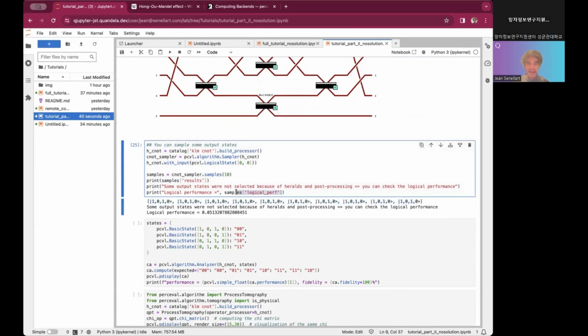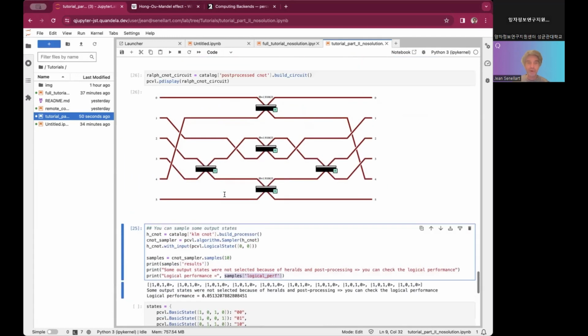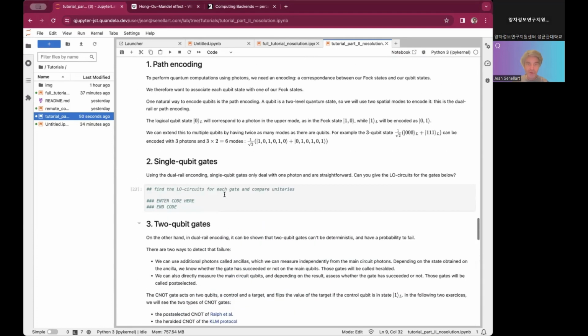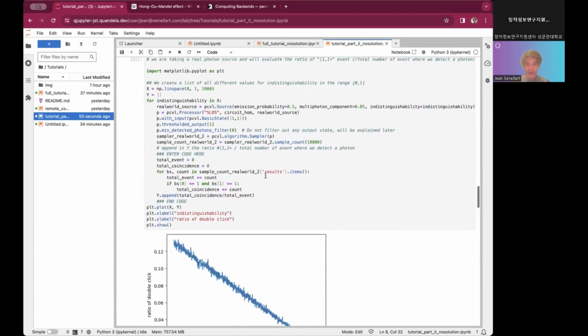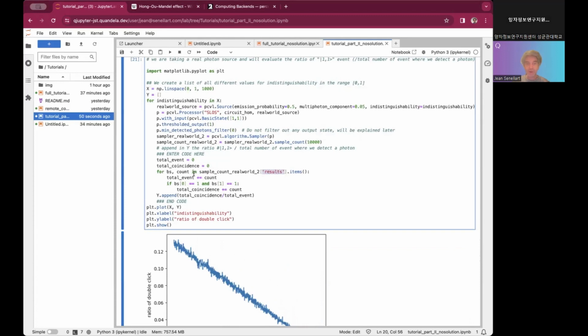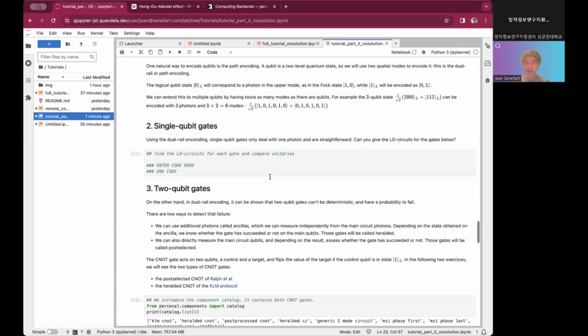A new thing that comes with that is the sample logical performance. When we get the results from the sampler, this is a dictionary, and one key of this dictionary is the logical performance.